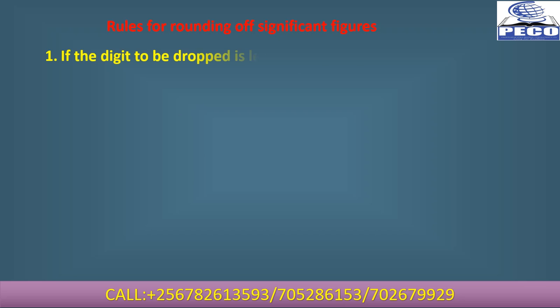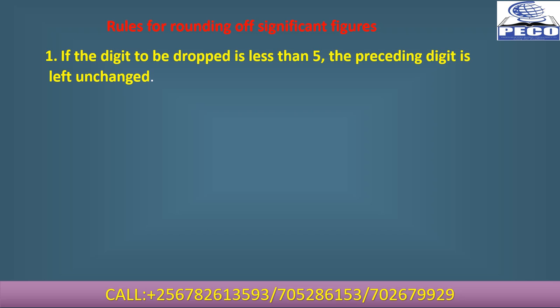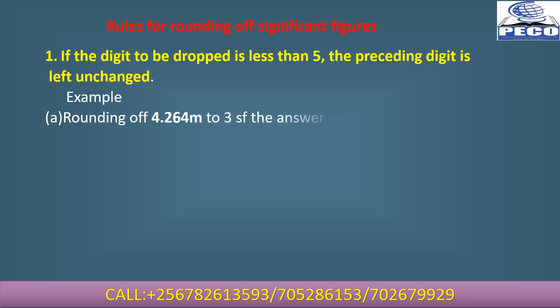Rule number 1: if the digit to be dropped is less than 5, the preceding digit is left unchanged. Just to remind you, let's look at an example.